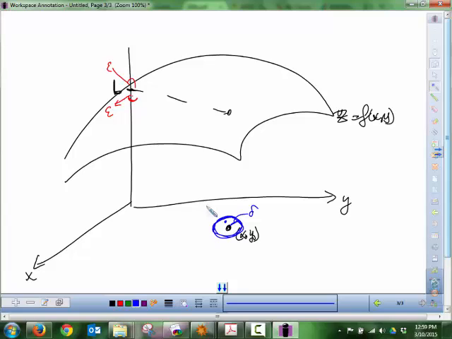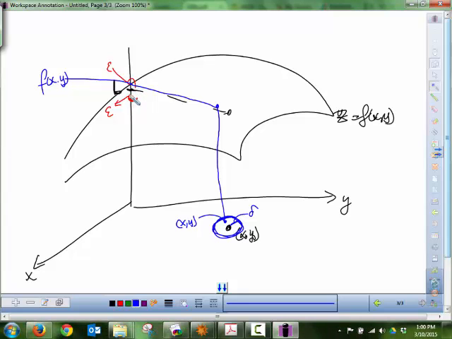Okay? So if I pick any point x, y, then when you put that back into the function, your f of x, y, the difference between f of x, y and L, the distance between them, is going to be less than epsilon.